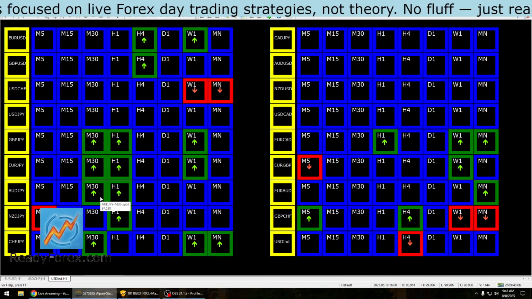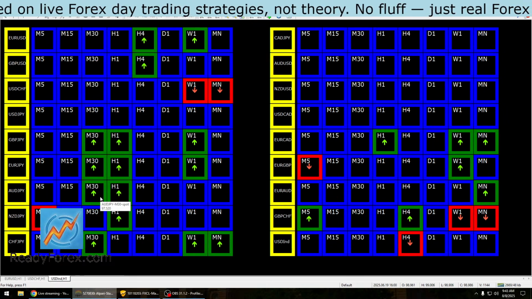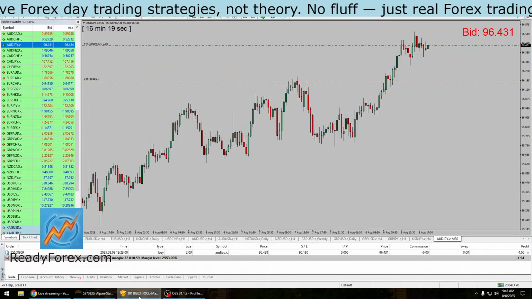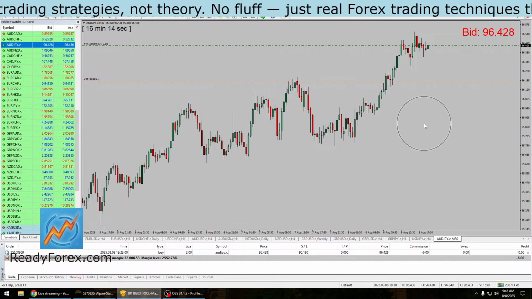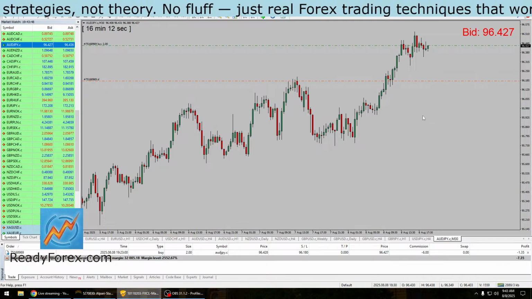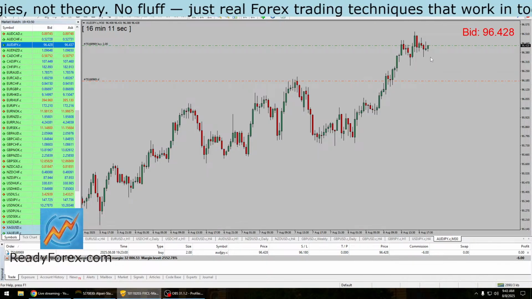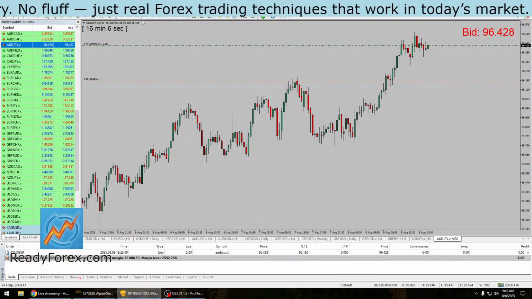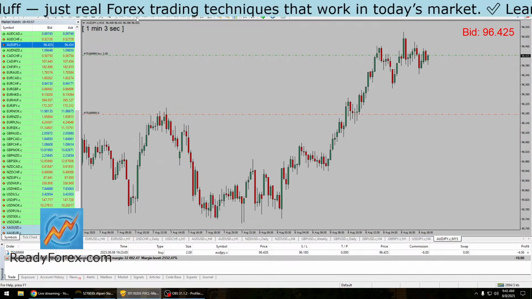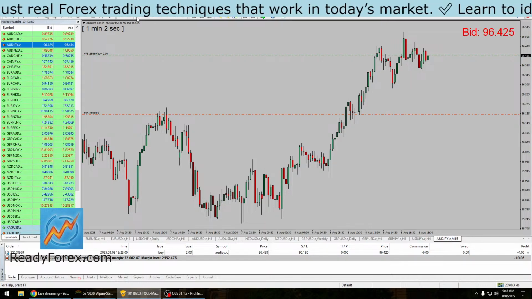And a few minutes ago I opened a buy trade in AUD Yen currency pair. Let me show you my buy entry. So this is my entry right over here at 96.42 area. Let me zoom in a little bit, go to a smaller time frame.